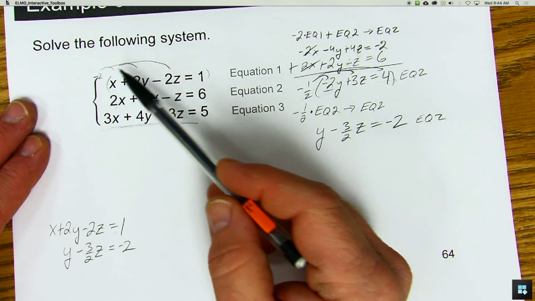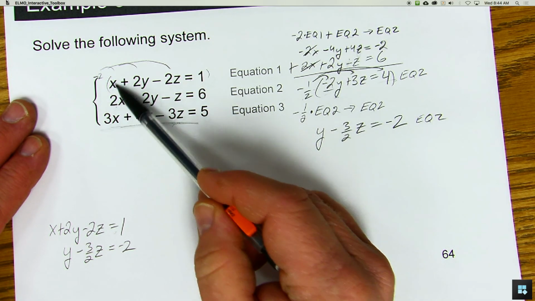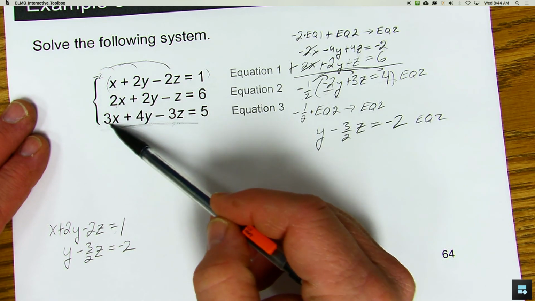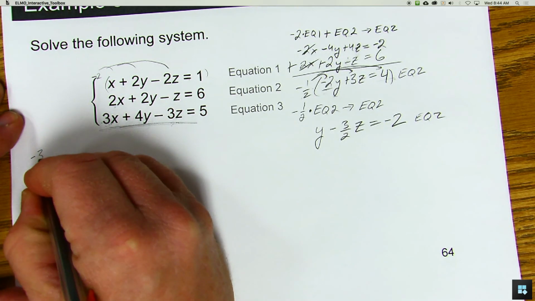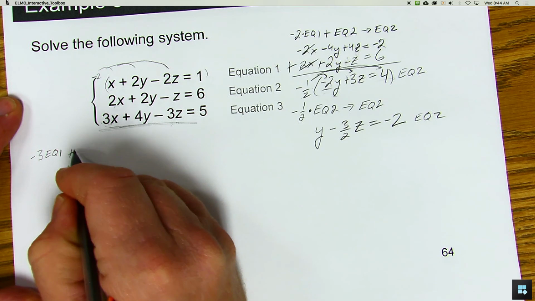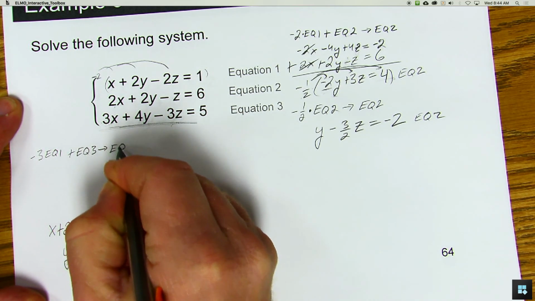I'm going to use equation 1 and equation 3 to eliminate the x out of equation 3 first. I would take -3 times equation 1, then add that to equation 3, and that becomes my new equation 3.